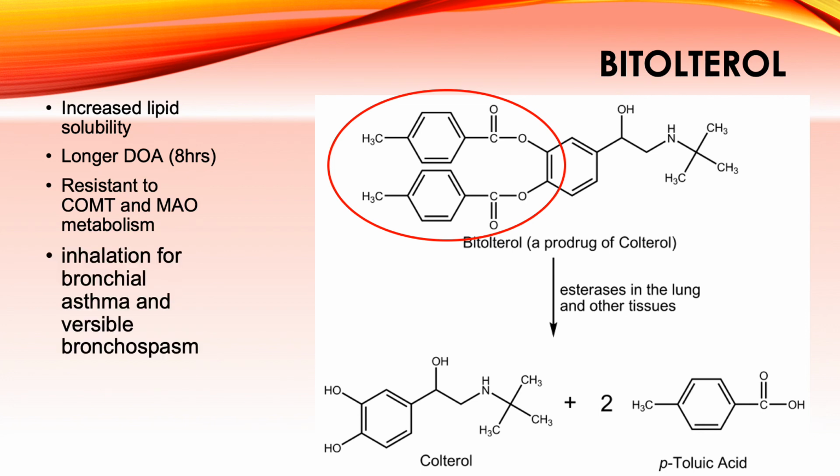This is useful for bronchial asthma and reversible bronchospasm. Once it is metabolized in the body, the prodrug bitolterol will be cleaved into colterol and p-toluic acid in the lungs by esterases.